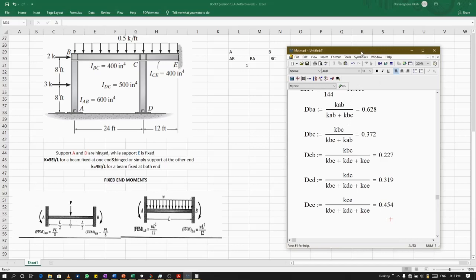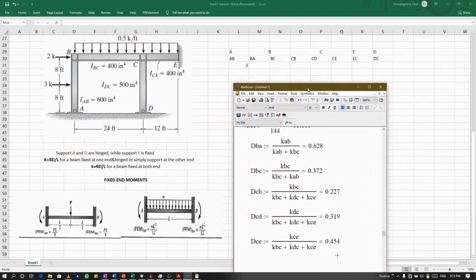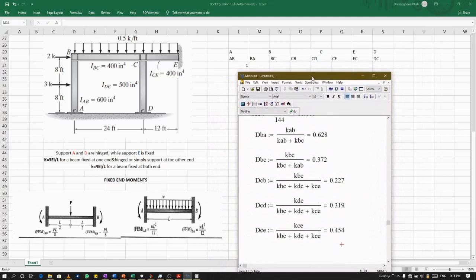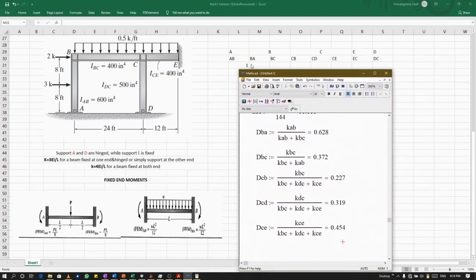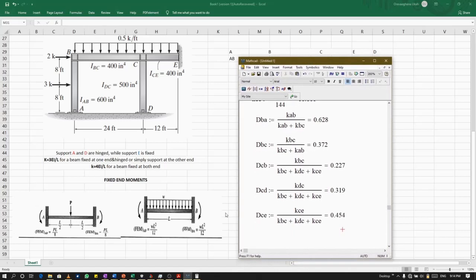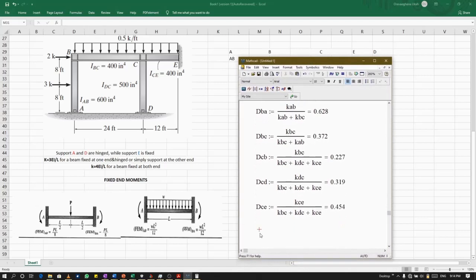All right, so we're going to get EC. EC is 0 for a fixed support. The distribution factor is 0 and DC will be 1. So let me include that here so that we have everything down and can easily reference it. DC will be equal to 1, then EC will be equal to 0.